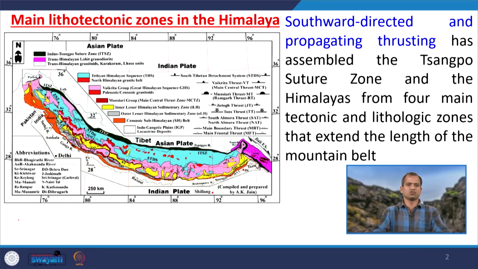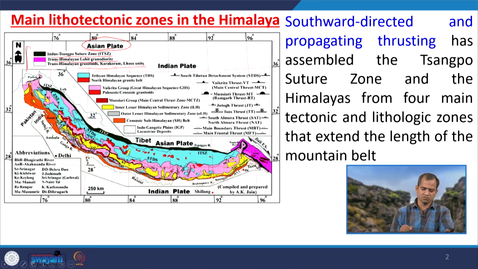So, now if you see the main lithotectonic zones of the Himalayas, here it is divided into two parts. One is your Asian plate system, and here this is the Indus-Tsangpo Suture zone, the Trans-Himalayan granitoid batholith, and the Trans-Himalayan granitoids of Karakoram and Lhasa units.